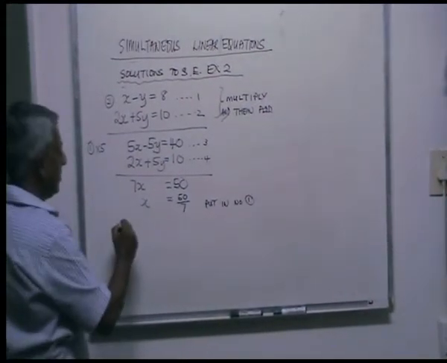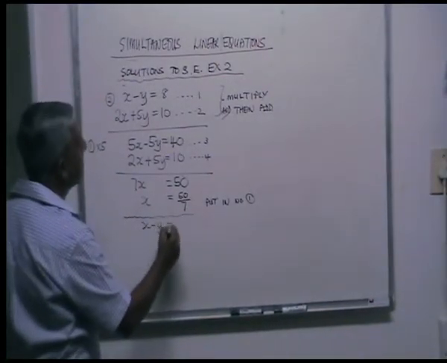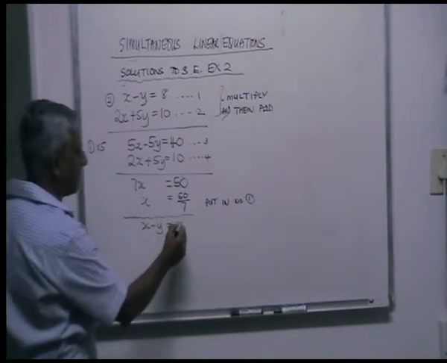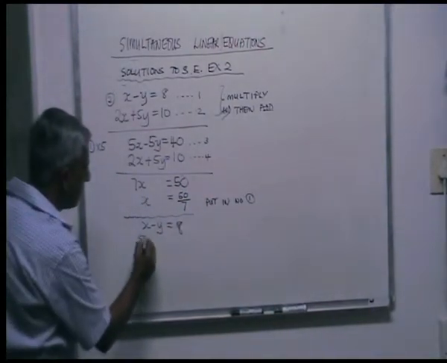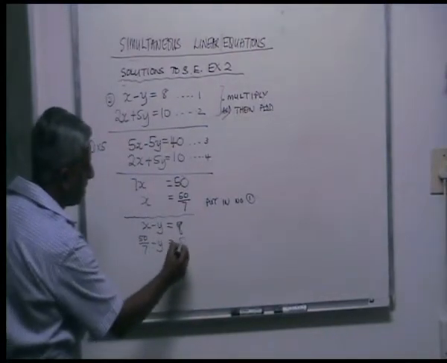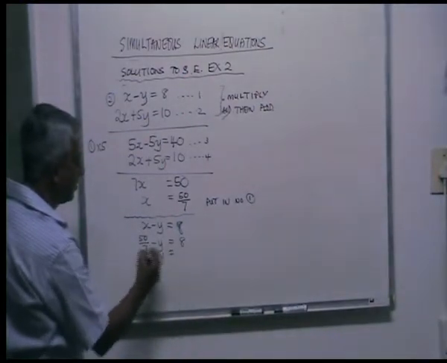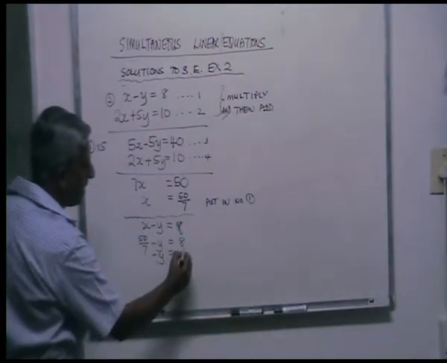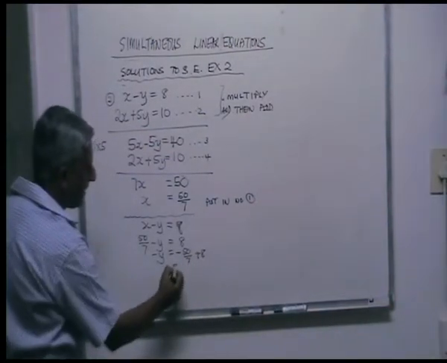Alright. So what's number 1? X minus y is equal to 8. Alright. So what is x? X is 50 over 7, minus y is equal to 8. So minus y is equal to, take this across, minus 50 over 7 plus 8.